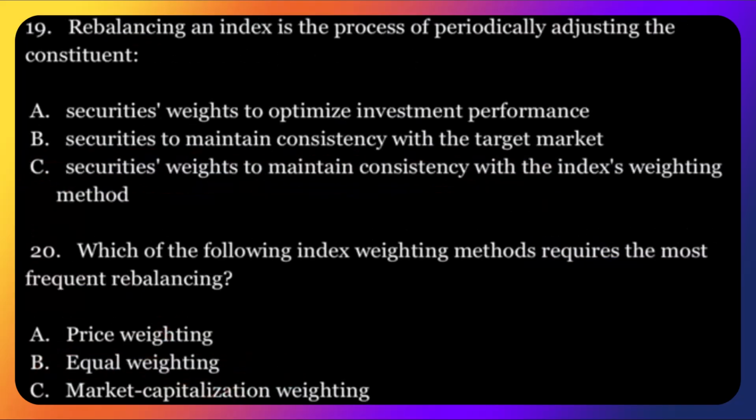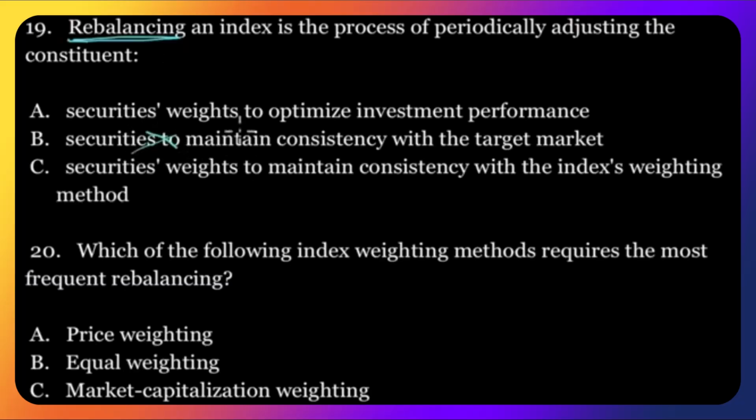19. Rebalancing an index is the process of periodically adjusting the constituent securities weights to optimize investment performance, securities to maintain consistency with the target market, or securities weights to maintain consistency with the index weighting method. So rebalancing is adjusting weights. Reconstitution is adjusting the securities. So we can eliminate B. Reconstitution is doing that.